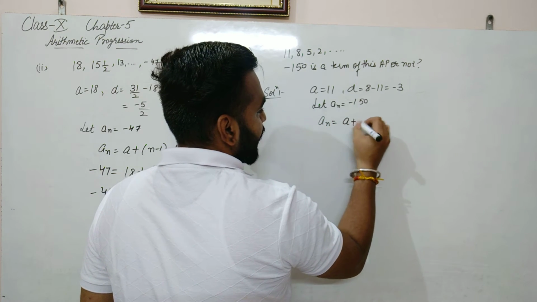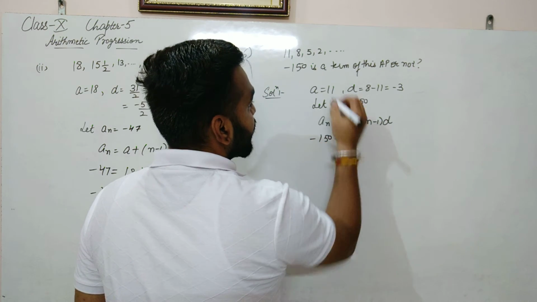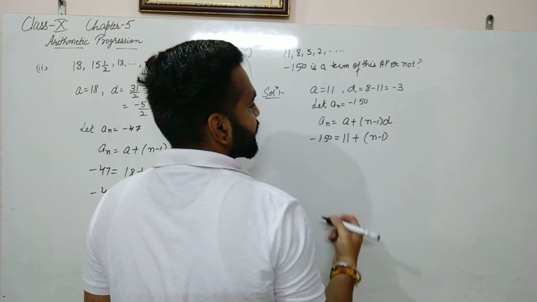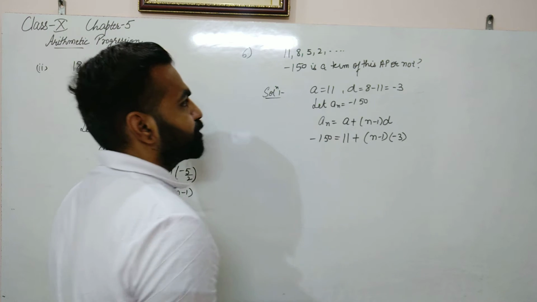An is equal to a plus n minus 1 into d. An is -150, a is 11, plus n minus 1 into what is d here? d is -3.